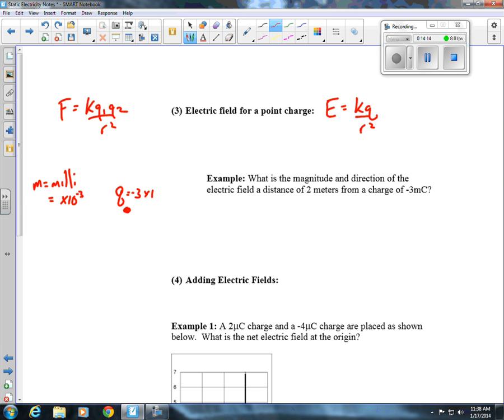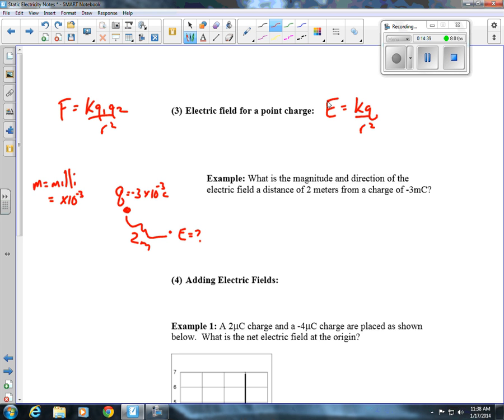So we're going to write times 10 to the -3rd coulombs. Now, I don't find the electric field at that point. I find the electric field that it causes in space around it. And this says the distance of 2 meters away. So let's draw this point right here. We're going to say this is 2 meters. Okay, and I want to know what the electric field at that point is.